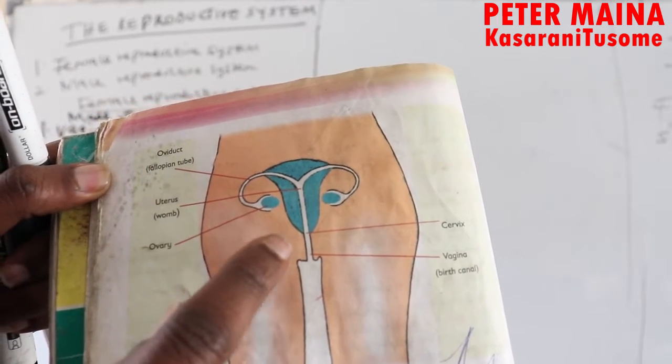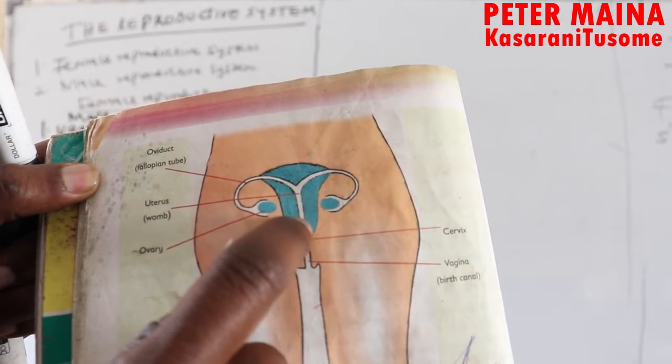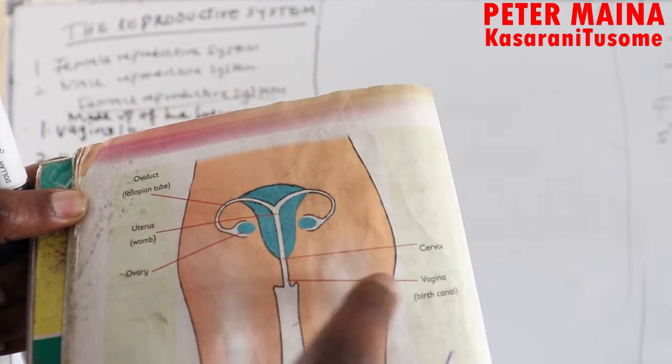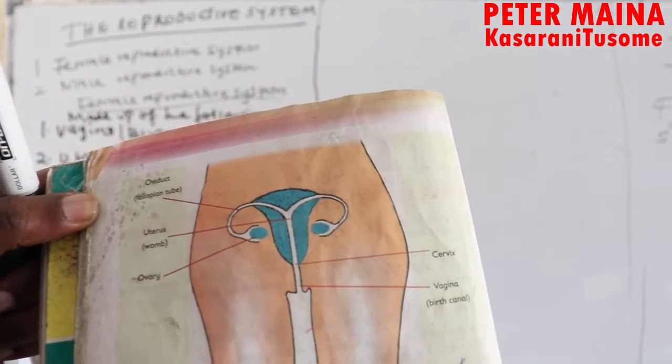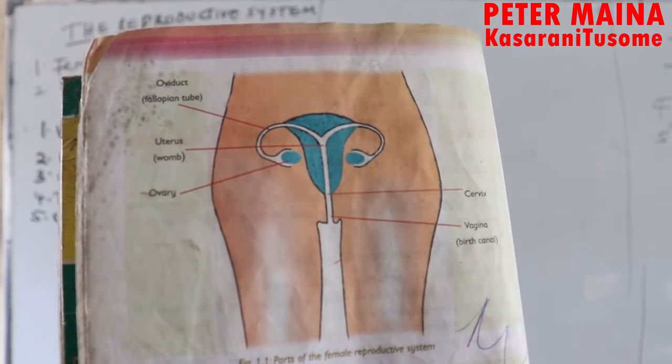You can also see we have the cervix, the lower part of the uterus. It opens up during birth. And then we have the vagina, also called the birth canal. Those are the 5 components.